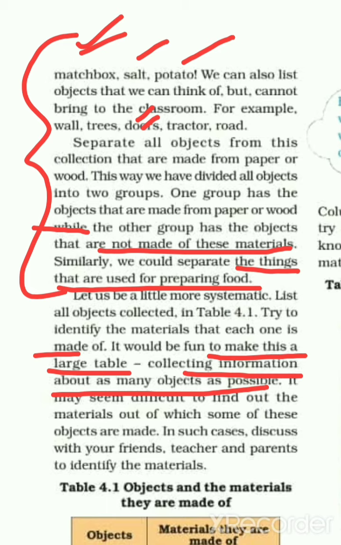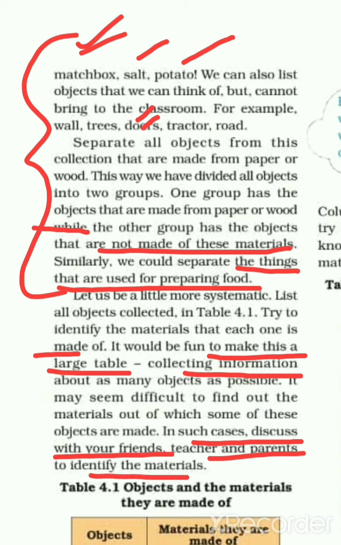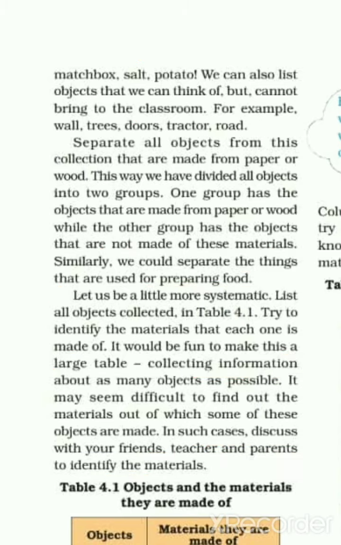It may seem difficult to find out the materials out of which some of these objects are made. In such cases, discuss with your friends, teacher and parents to identify the materials. So let's begin with table 4.1, objects and the materials they are made of.